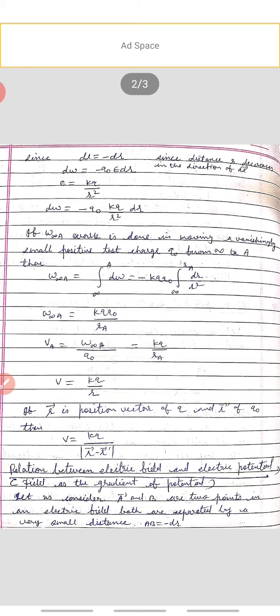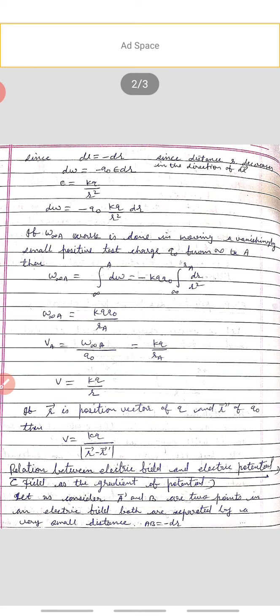Now, according to the definition of potential, the potential at point A, VA, equals work from infinity to A, W infinity to A, divided by Q naught, which equals kQ upon rA.